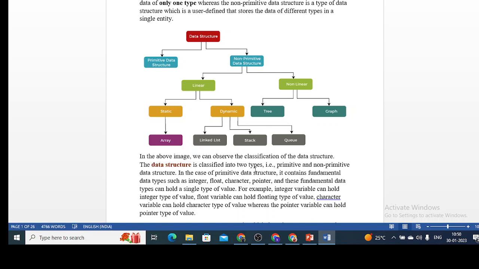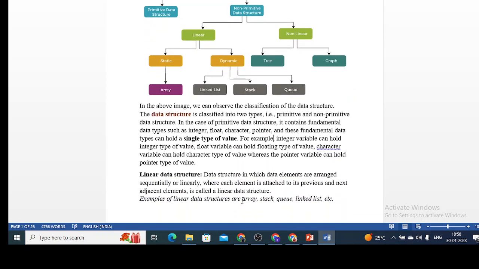The data structure is classified into two types, that is primitive and non-primitive. In the case of primitive data structure, it contains fundamental data types such as integer, float, character, pointer, and these fundamental data types can hold a single type of value. For example, an integer variable can hold the integer type of value, a float variable can hold floating type, and a char variable holds a character value, so forth.